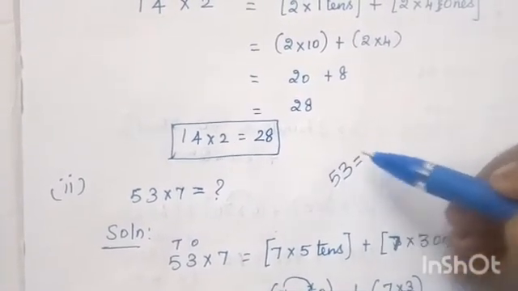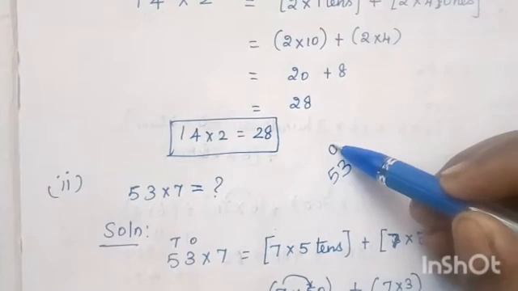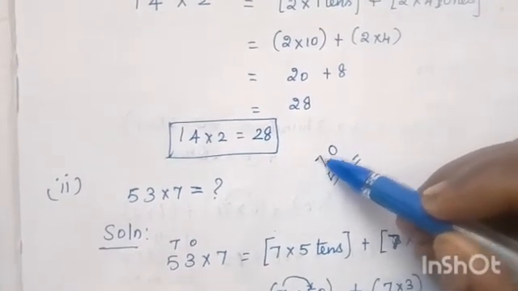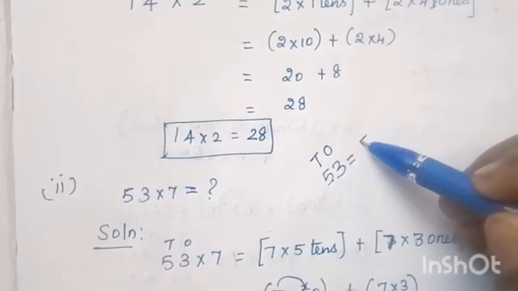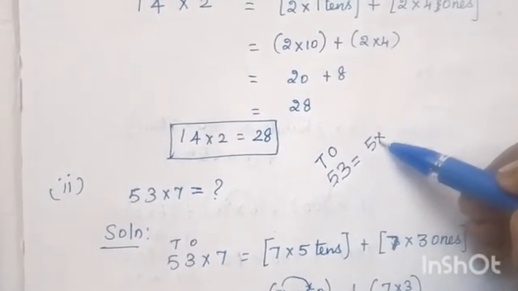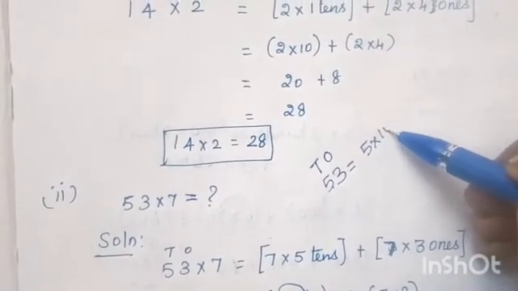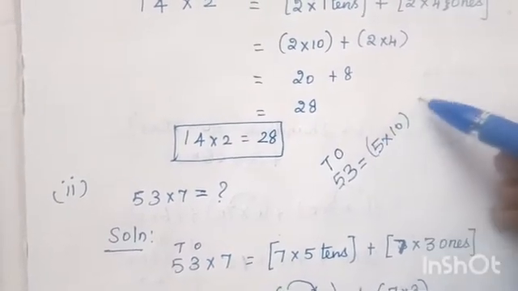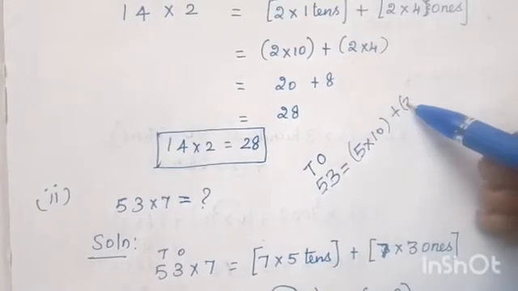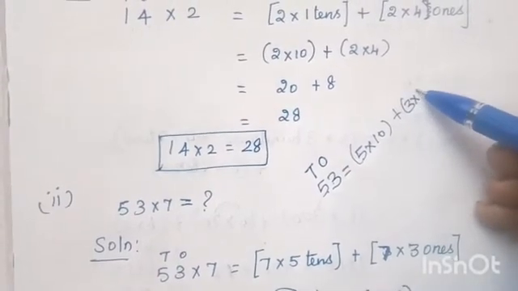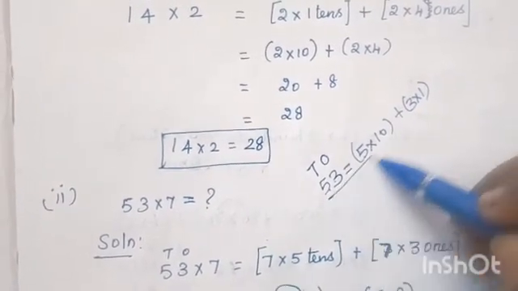So that is equal to, first you denote the place values, ones, tens. Now how many tens are there? 5 into 10. Do you remember? Plus, in the ones place what do you have? 3 into 1. This is your expanded form.